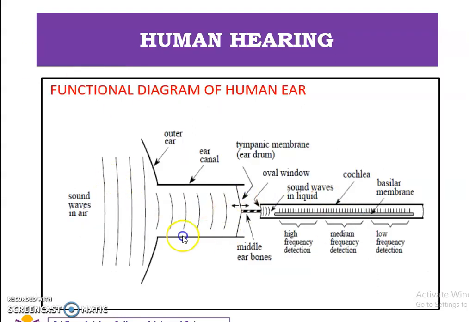Here is the functional block diagram of the human ear. The outer ear is composed of two parts: a visible flap of skin and cartilage attached to the side of the head, followed by the ear canal.